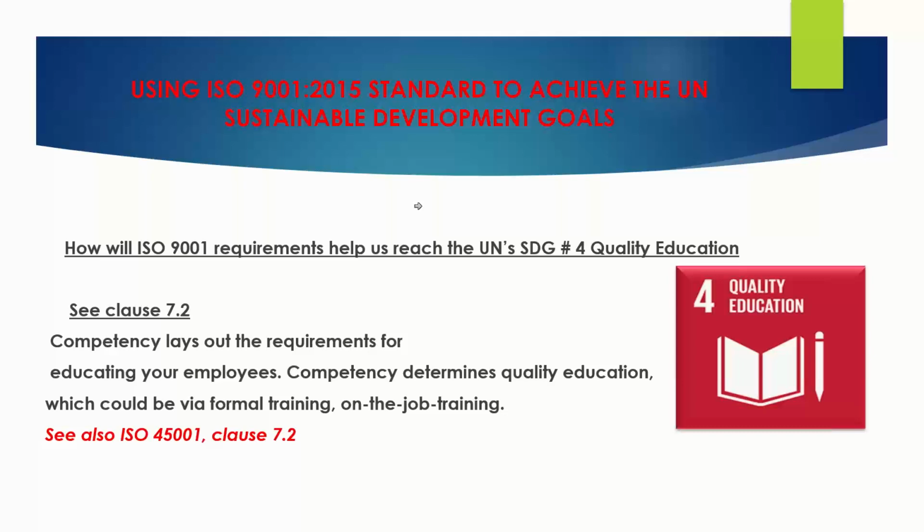So whatever training or education or skills that a person has should be documented as documented information, as the standard calls it. Again, we could equally see competency in ISO 45001, the same clause 7.2. We talked about competency. So summarily, competency goes to fulfill this quality education.